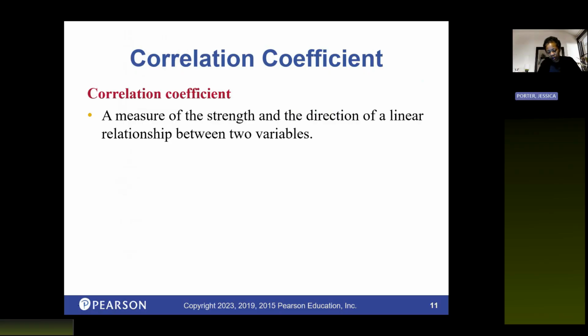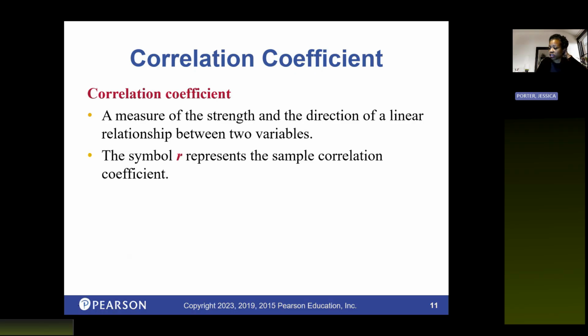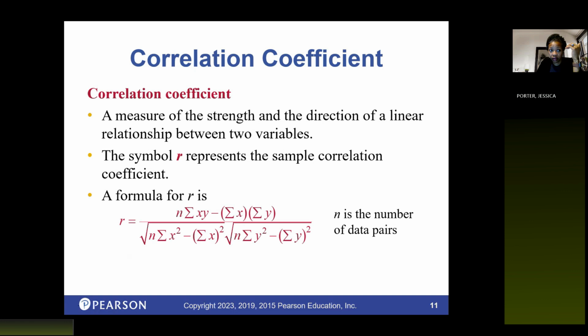Okay, now the correlation coefficient. How well, or what is the strength between these two variables? That's the correlation coefficient. That's what it tells us. The symbol R represents this number. Notice there's a fancy equation for us to calculate R. We are not going to calculate R in that way.